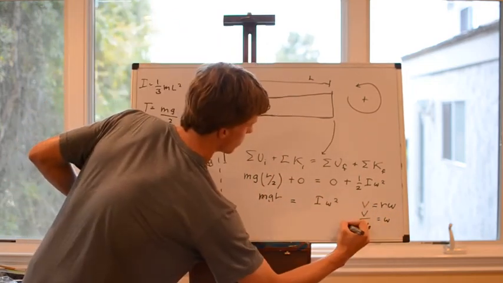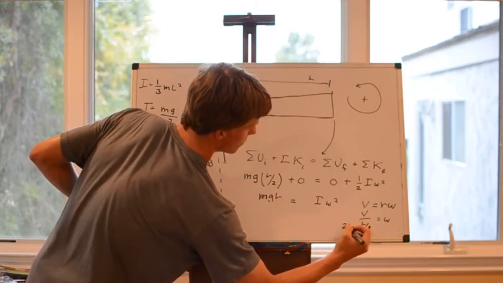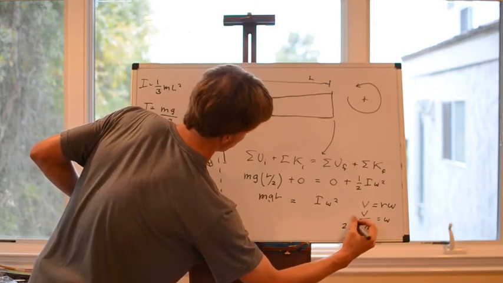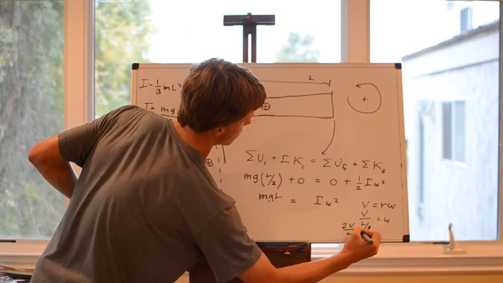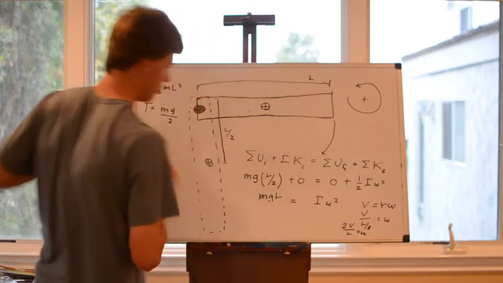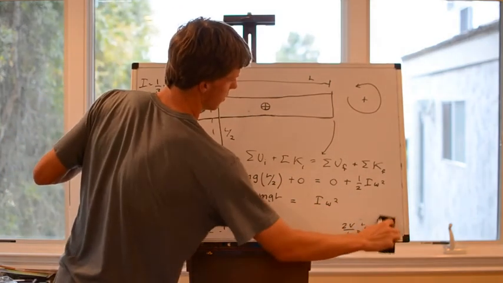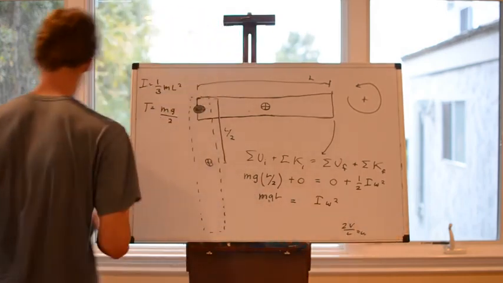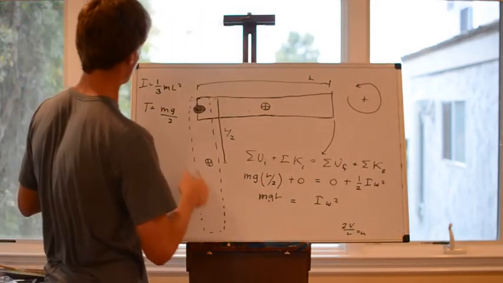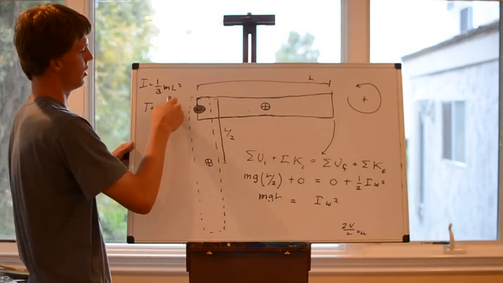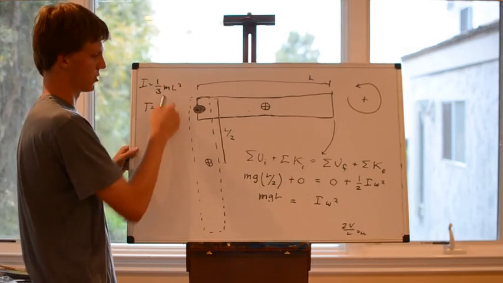So this will equal 2V over L is equal to omega. And we're going to use this in the rest of our equation. We'll also be using what we solved for in step 1, the rotational inertia, in this problem as well.